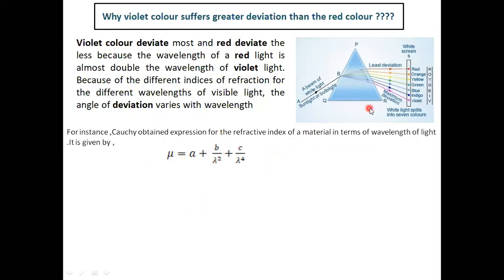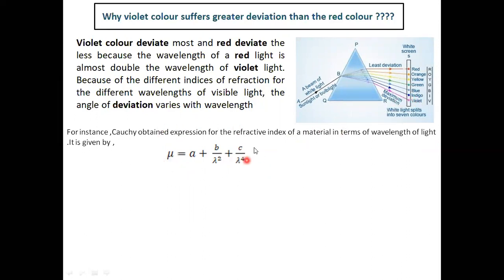So when we talk about all the colors which white light is composed of: violet, indigo, blue, green, yellow, orange, red. Violet has the least wavelength value, and red has the most wavelength value. We know that the wavelength of red is way greater than the wavelength of violet. Since the wavelength of violet is very small, the refractive index for violet is very large.